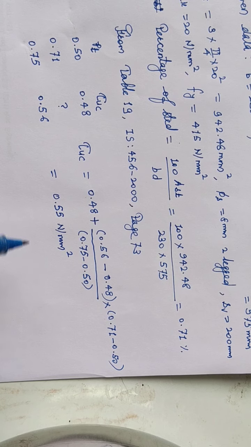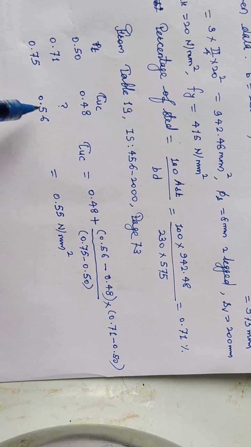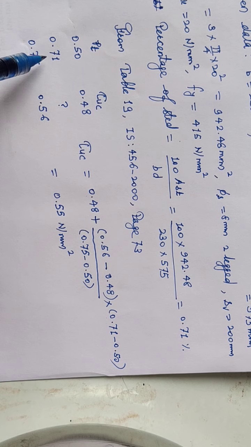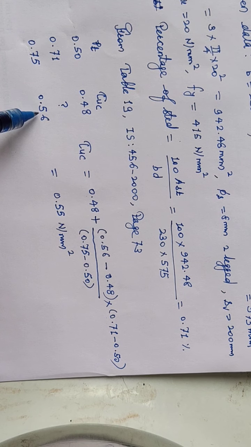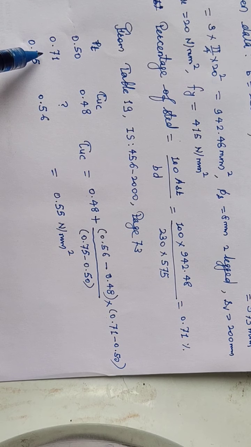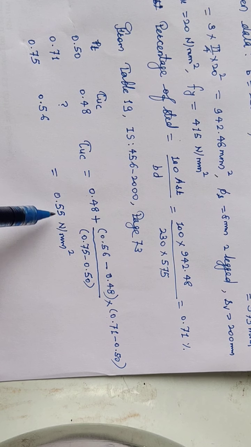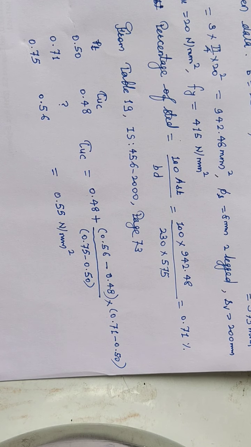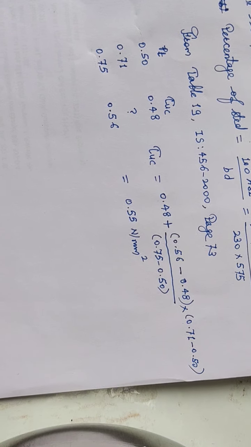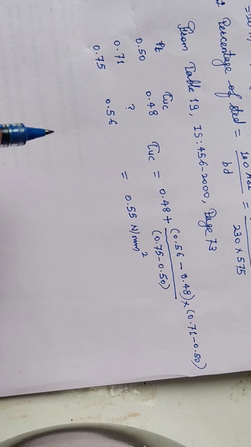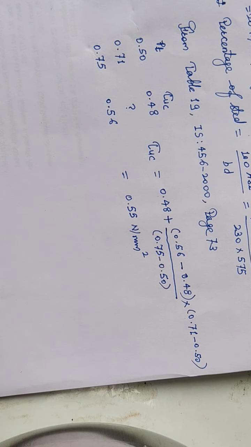See that it is less than 0.56 but more than 0.48. So it is close to 0.75's value, and 0.71 is closer to 0.75, so tau UC is also closer to these two values. This is the main part in this analysis problem. Now we have to find out shear strength resisted by concrete and resisted by steel.